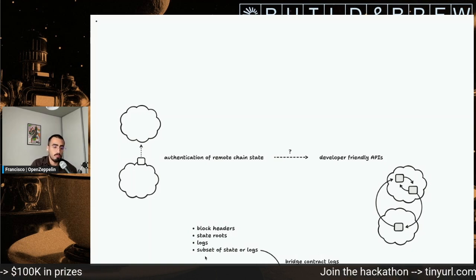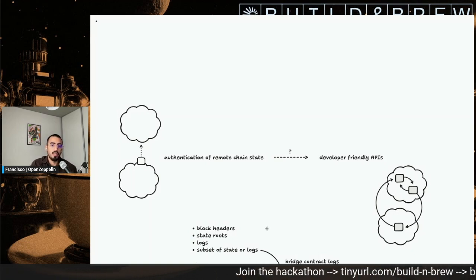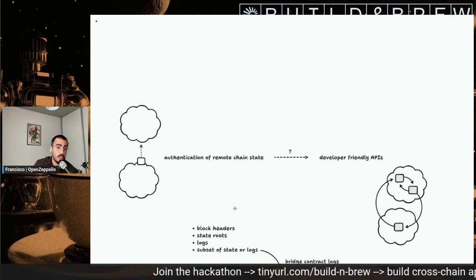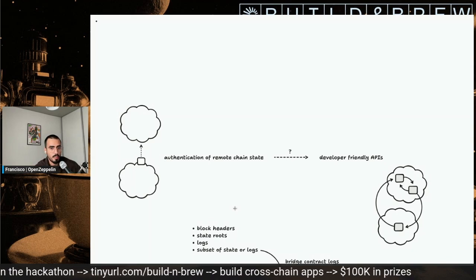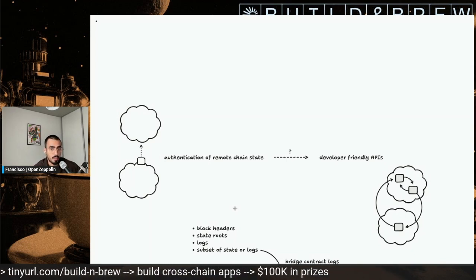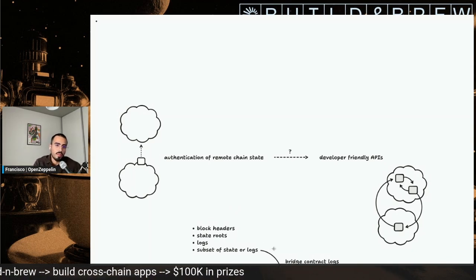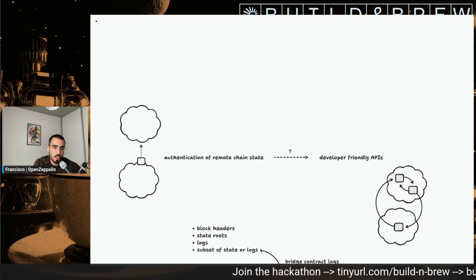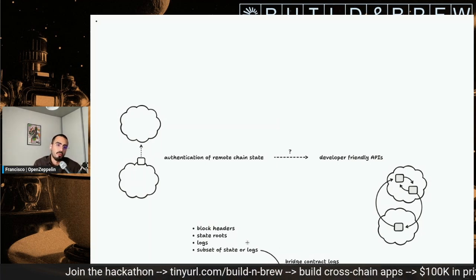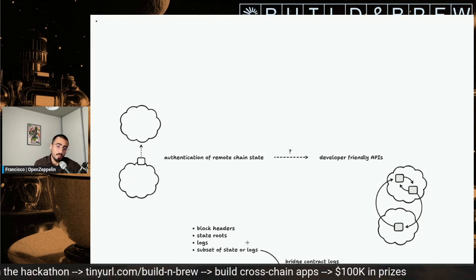So more normally, what you're going to find in these cross-chain protocols is that a subset of the state or a subset of the logs is going to be made available. And so what's going to happen is that some specific contract is going to be designated as a bridge contract, and it's going to be sort of the entry point for this cross-chain communication.